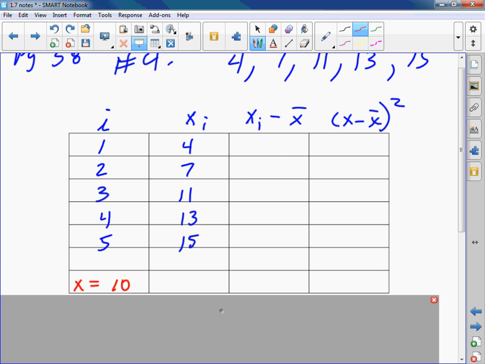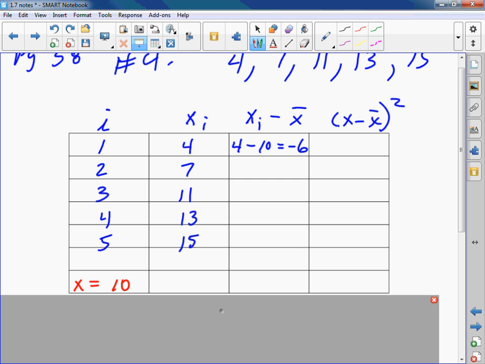Okay? So it's 10. So then what's 10 minus 4? Oh, wait. We're going the other way. It's x sub i minus x bar, so it's the other way around. So 4 minus 10 equals negative 6.